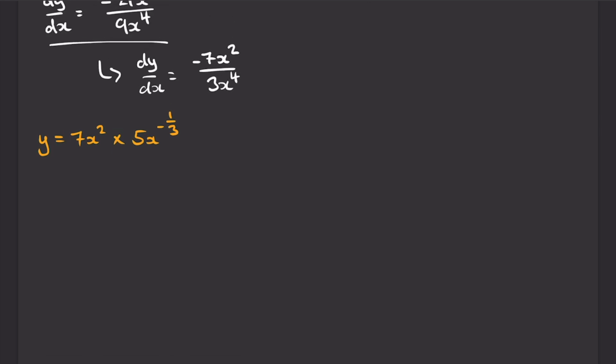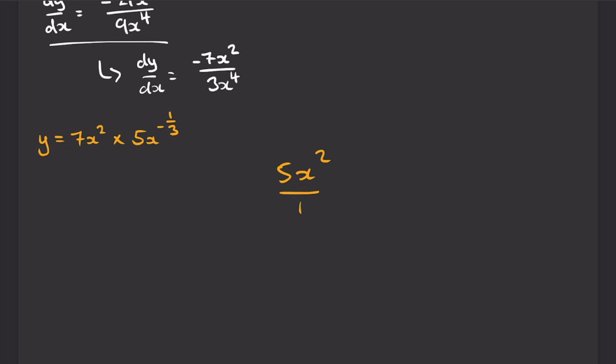So we can see here we have 7x squared multiplied by 5x to the power of negative a third. Now, if it's a negative power, we need to remember that we need to do the reciprocal. So, let's say 5x squared would just be 5x squared over 1, that's what it means.